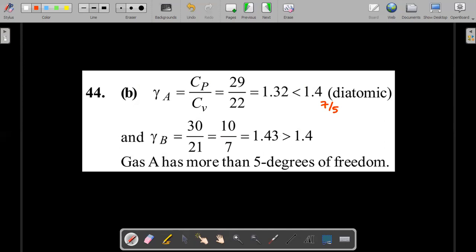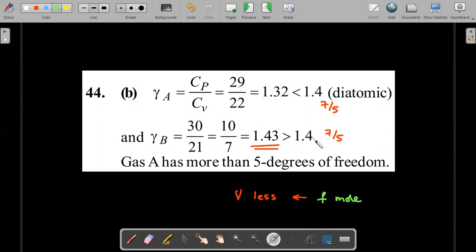So whenever you have an answer which is greater than 1.43, you'll realize that your 7/5, which is considered to be the rigid condition, is now having lesser degrees of freedom. Remember, if gamma is less, you should say that f is more.